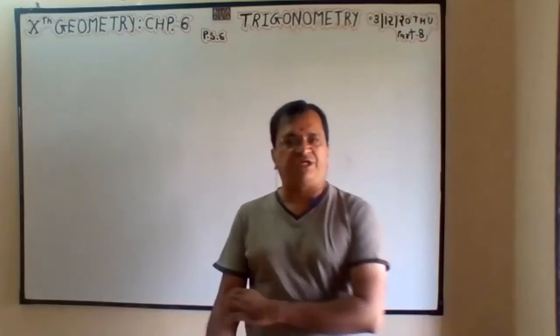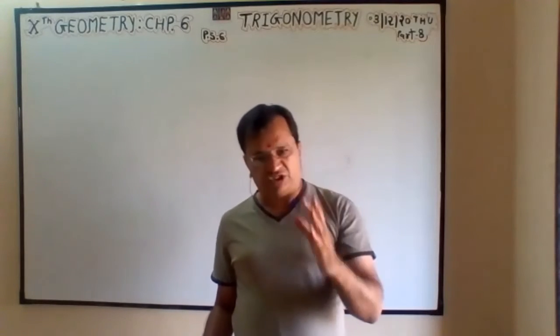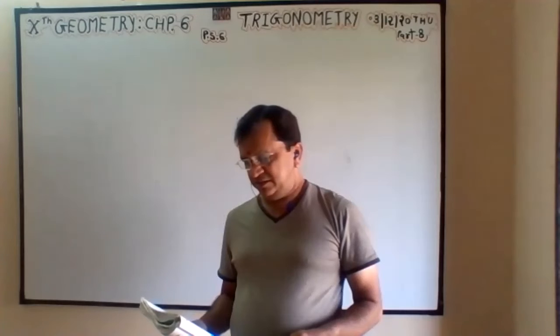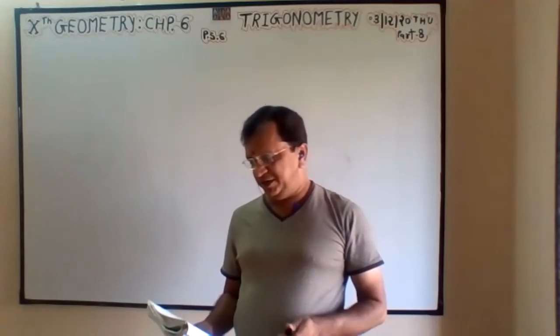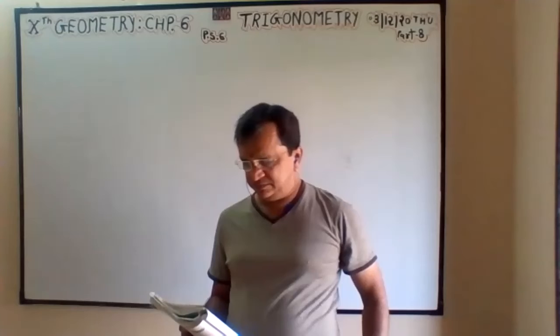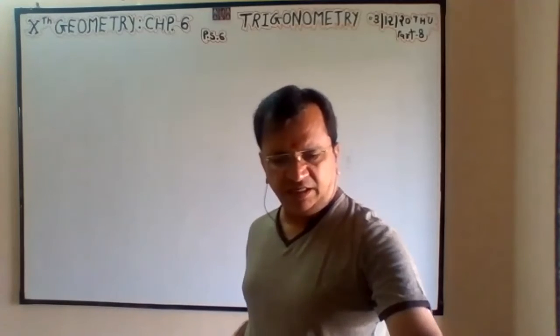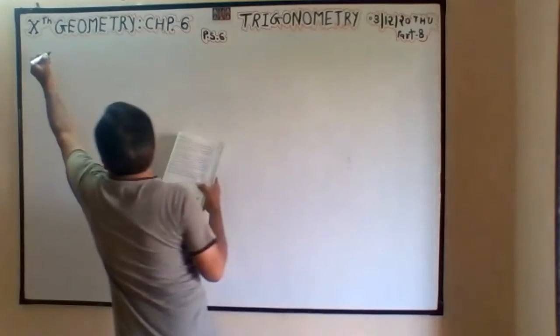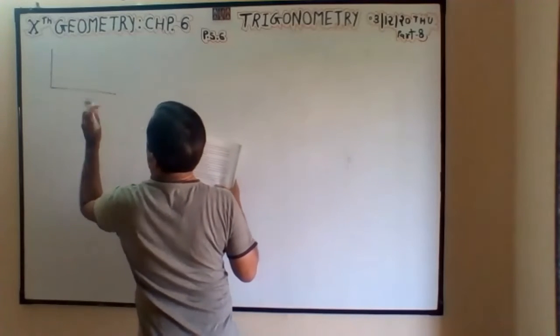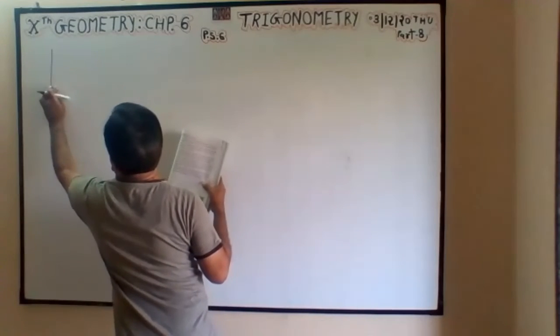Page number 139, sum number 6. A boy standing at a distance of 48 meter from the building observes the top of the building, making elevation angle 30. This is the building. This is the position of the boy.